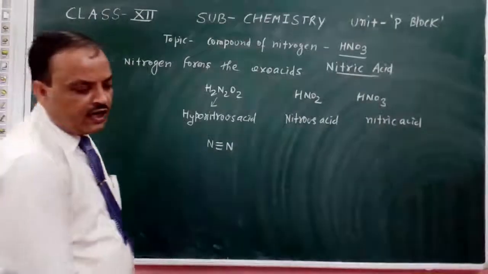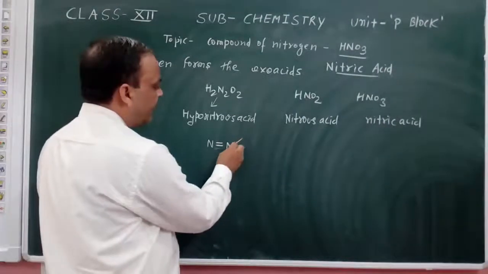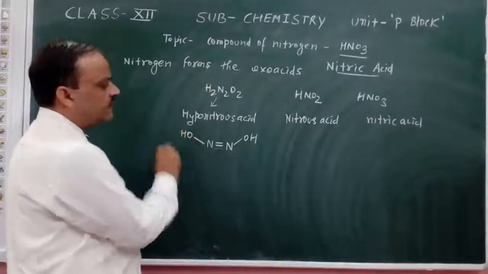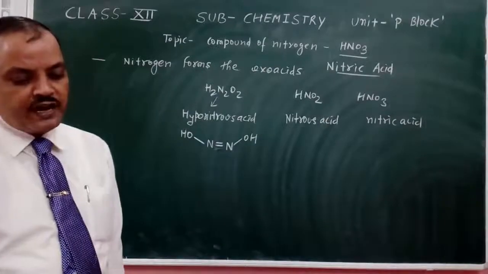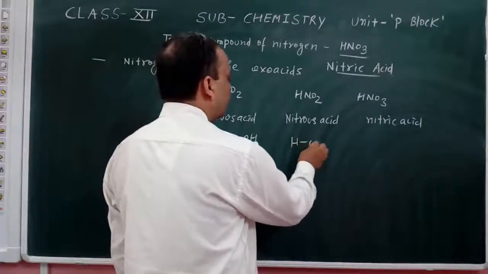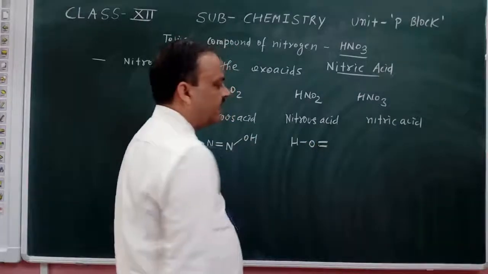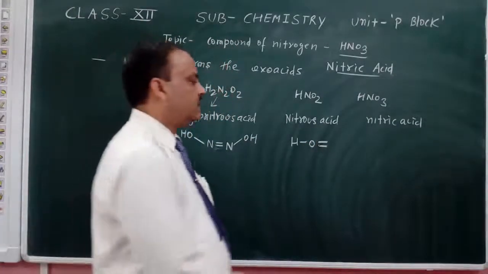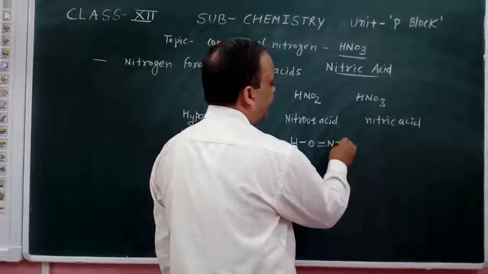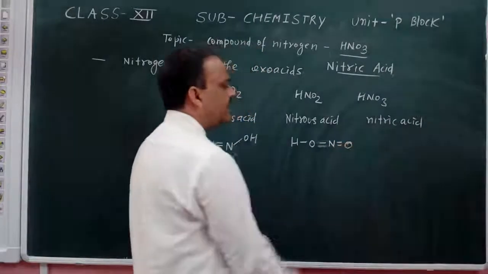In hyponitrous acid, nitrogen and nitrogen have a double bond, and each is attached with a single bond to an OH group. In nitrous acid, oxygen is double bonded to nitrogen, and nitrogen is attached with a single bond to an OH oxygen.